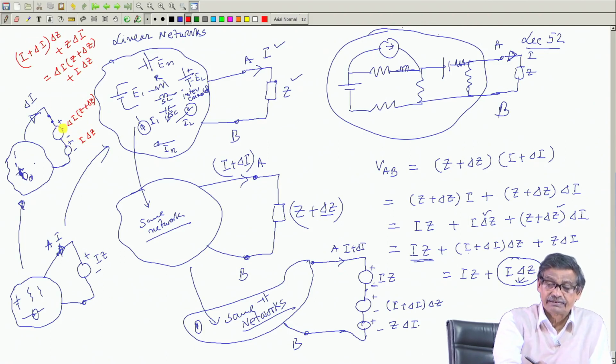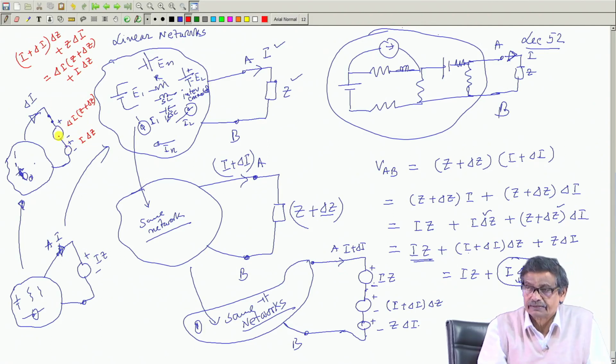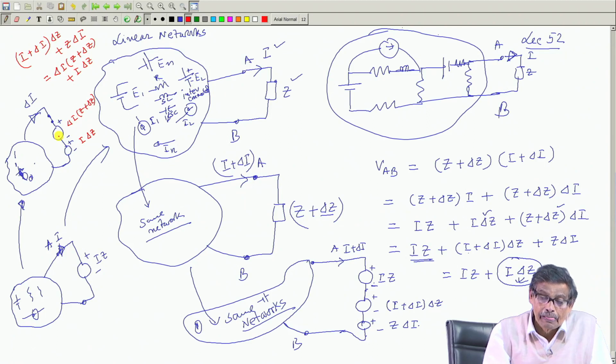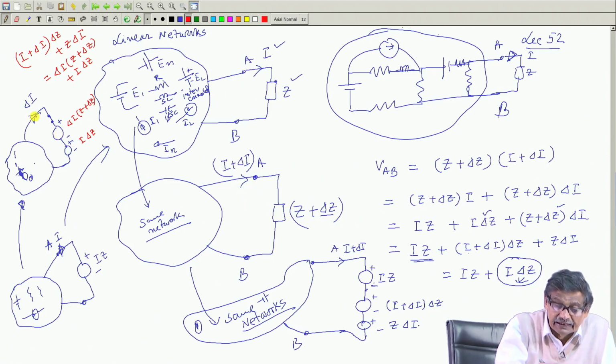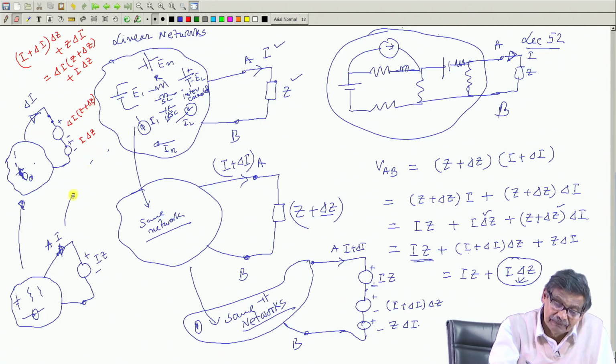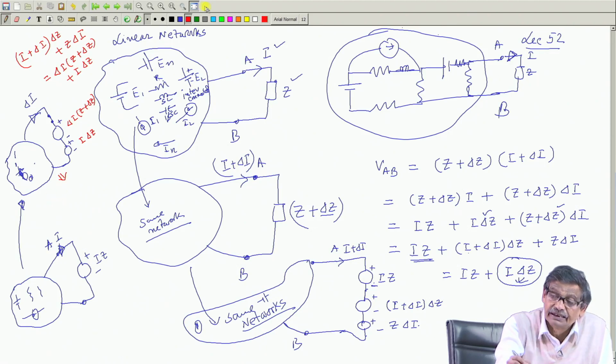These two are the same as this network, nothing changes. The current is delta I, and there is a battery here, delta I into (Z plus delta Z). Therefore, after this I am proceeding here, this is the network.